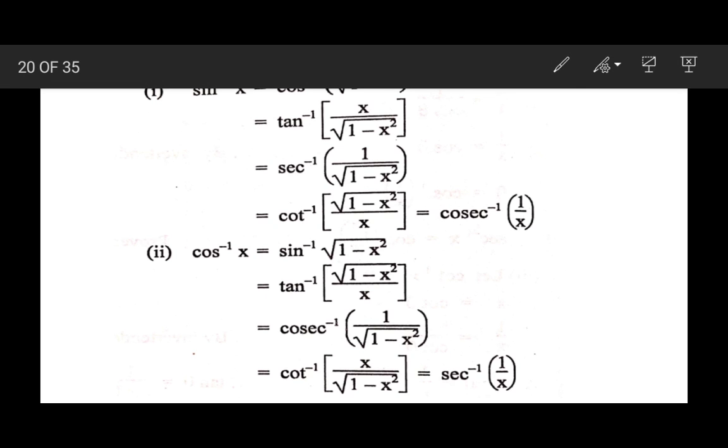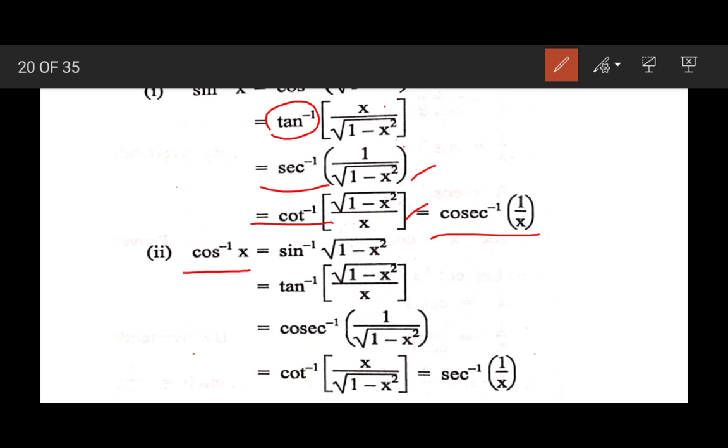Sin inverse in terms of tan inverse is x upon under root of 1 minus x square. Sin inverse in terms of sec inverse is 1 upon under root of 1 minus x square. Sin inverse in terms of cot inverse is root of 1 minus x square upon x, which is equal to cosec inverse 1 upon x.